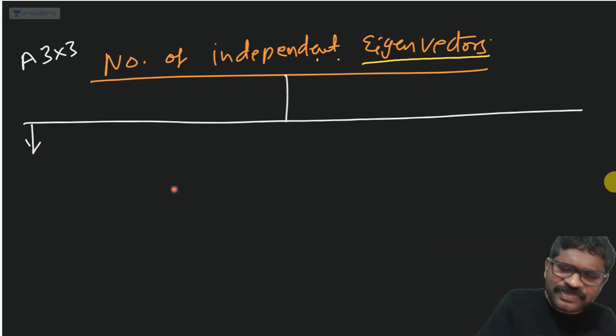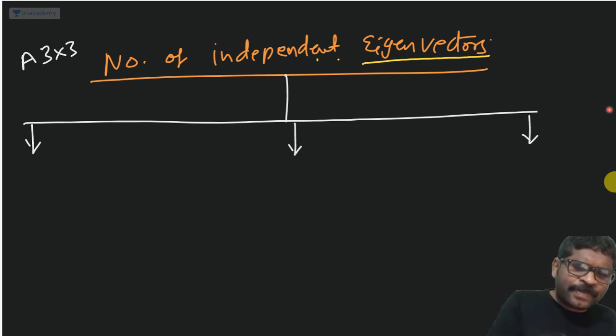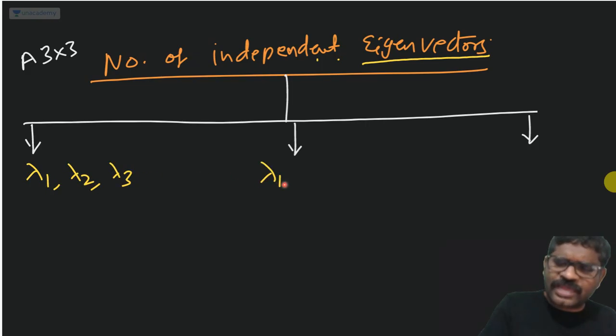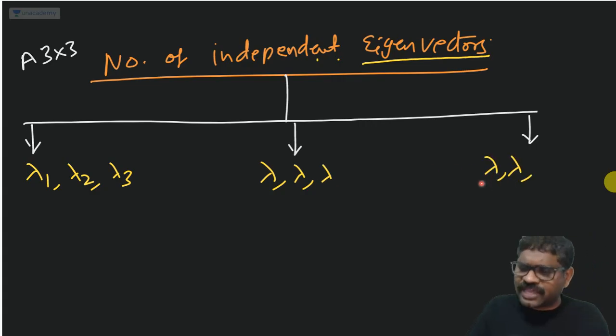Case 1, case 2, case 3. Eigenvalues are different. Two eigenvalues are same. Suppose two eigenvalues are same, and the third eigenvalue is different.